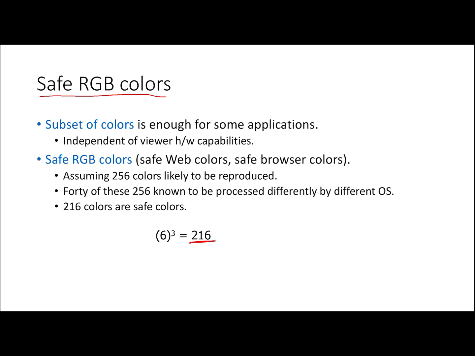So these 216 colors can be generated by having 6 different shades in red, 6 different shades in green and 6 different shades in blue. So it is 6 raised to power 3, which is 216.